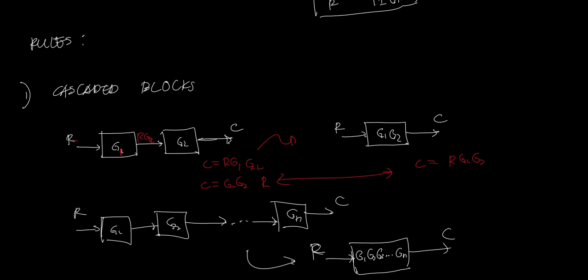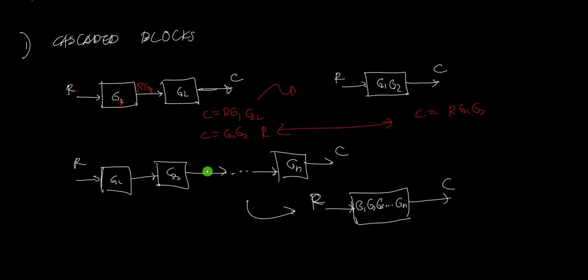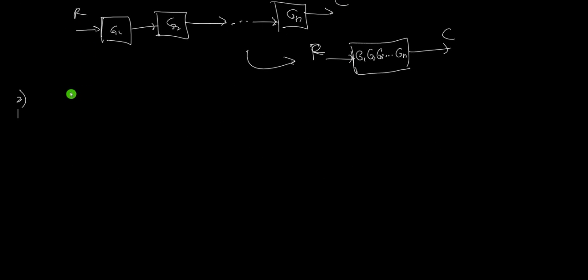So this is blocks in series, or cascaded blocks. Next, how about if they are in parallel? Number 2, parallel blocks. How do you simplify parallel blocks? Or what is a parallel block? When can we say that two or more blocks are in parallel?